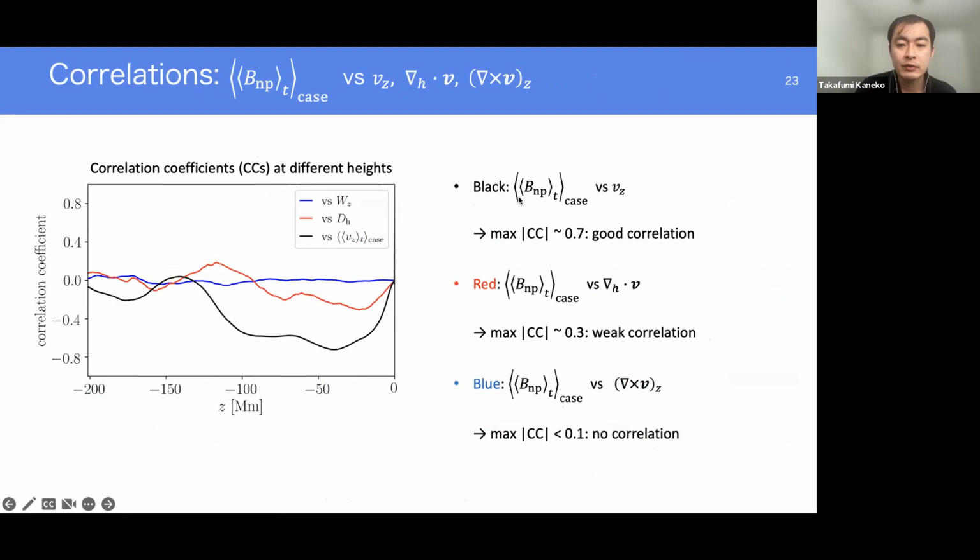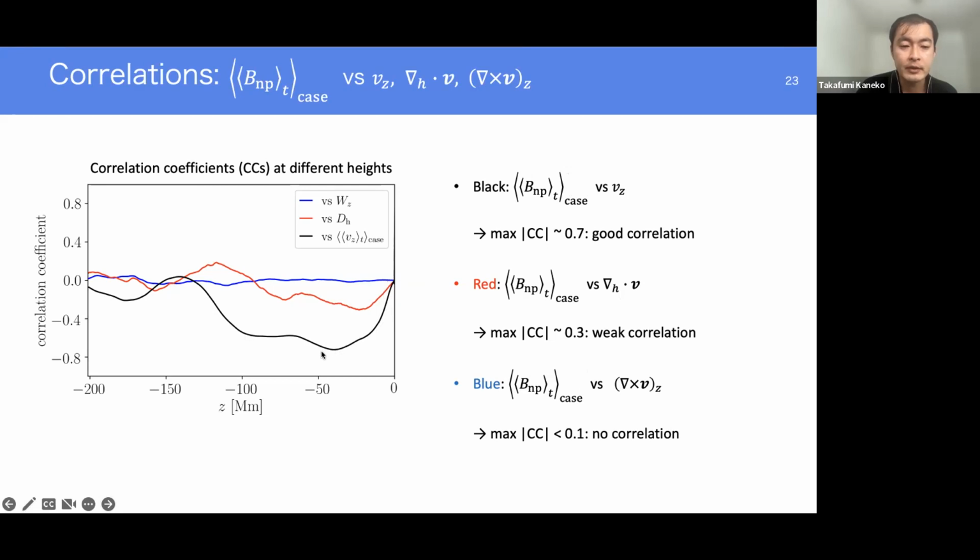The black line shows the correlation coefficient of the non-potential field trend versus the distribution of downflow, red is for the horizontal divergence, and blue is the vertical vorticity.